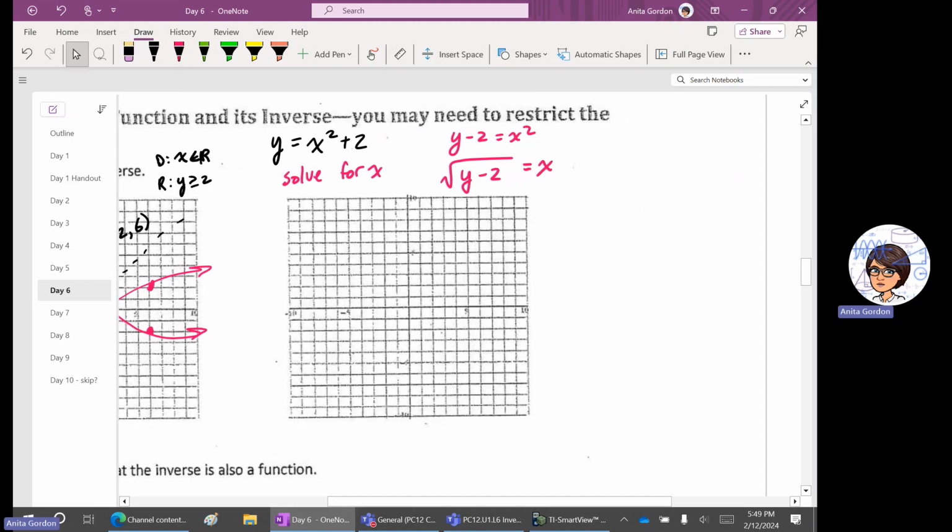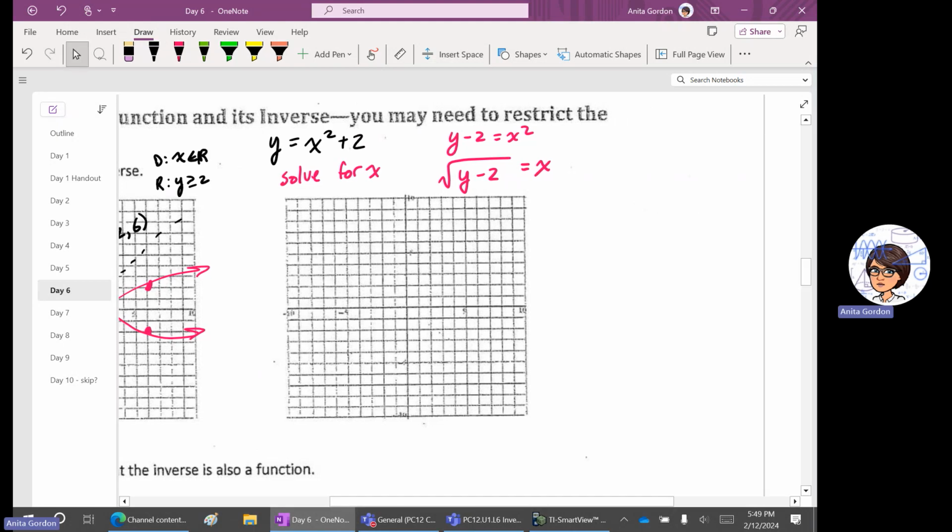And this is where we have a domain restriction. We need y minus 2 to be greater than or equal to 0, so y needs to be greater than or equal to 2 in order for this to make mathematical sense.